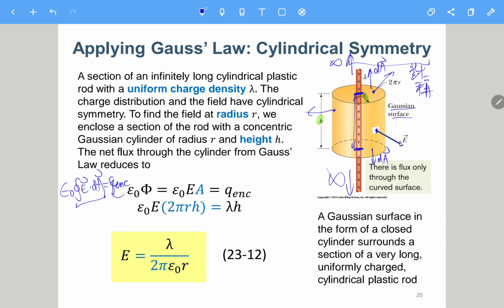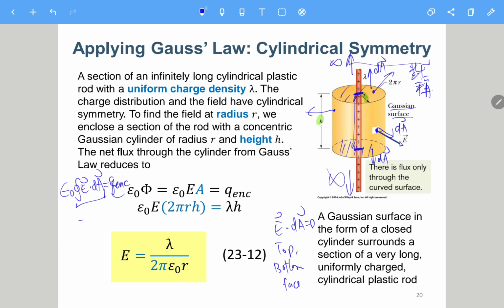So dA and E are always perpendicular to each other, which means that E dot dA should be zero for the top and bottom face. This means those faces won't contribute anything to the net flux. The only face that contributes to the net flux is the side face. For the side face, we can see that E should be uniform, and also E will be parallel to dA.